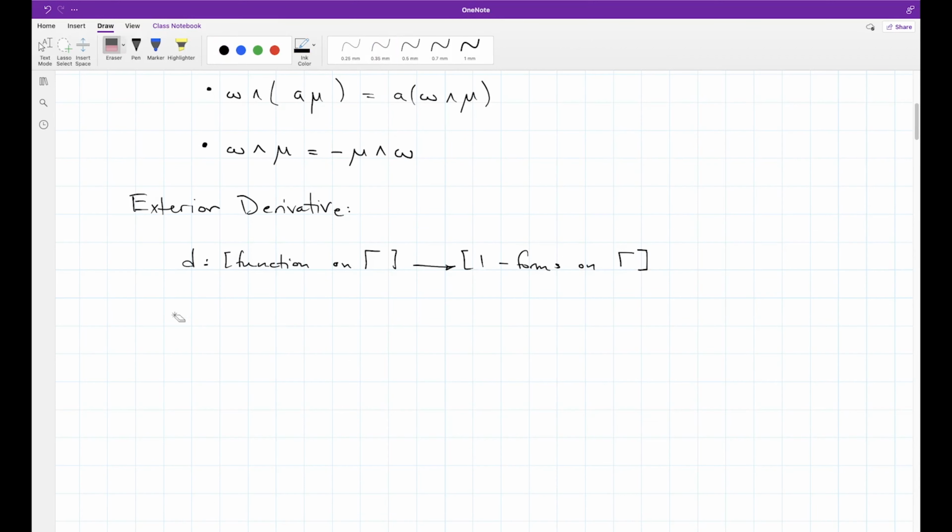And we discussed that we could write a basis for the cotangent space at x by dA_i, if A_i is a basis.